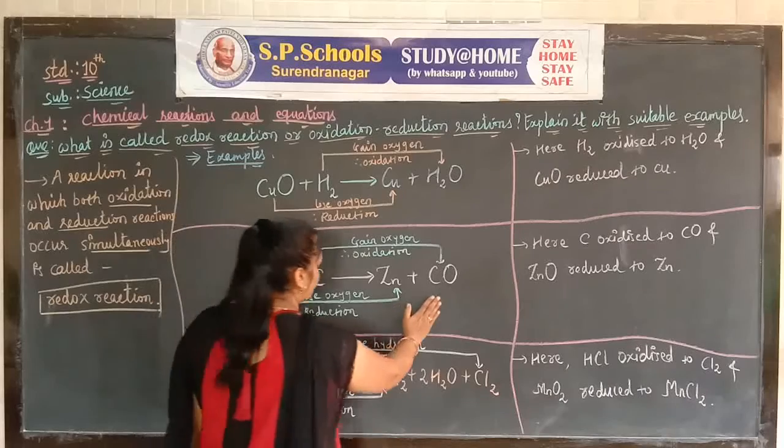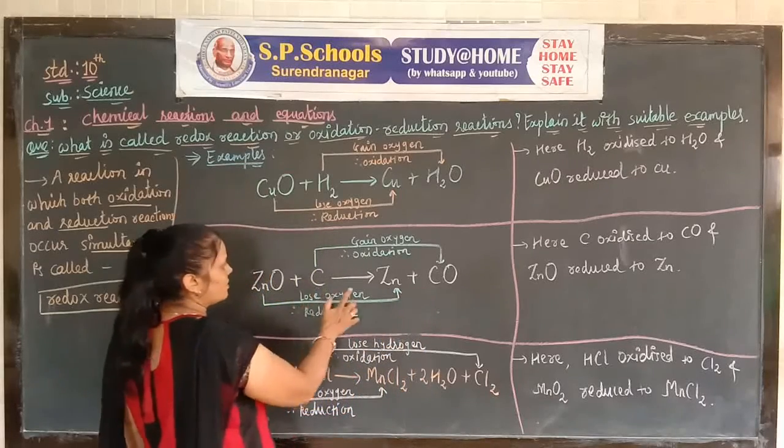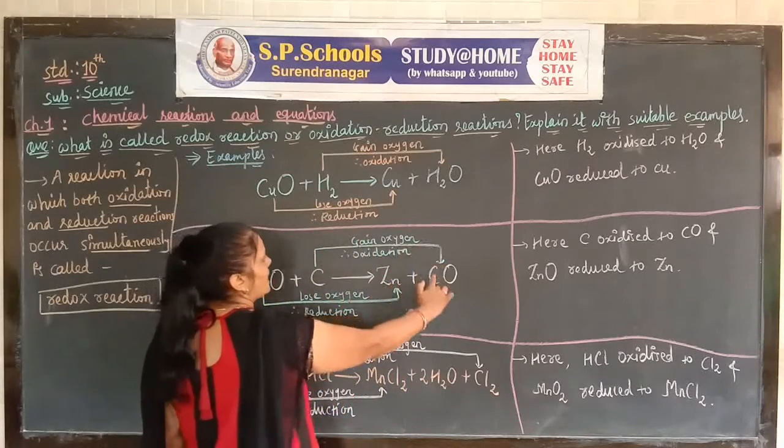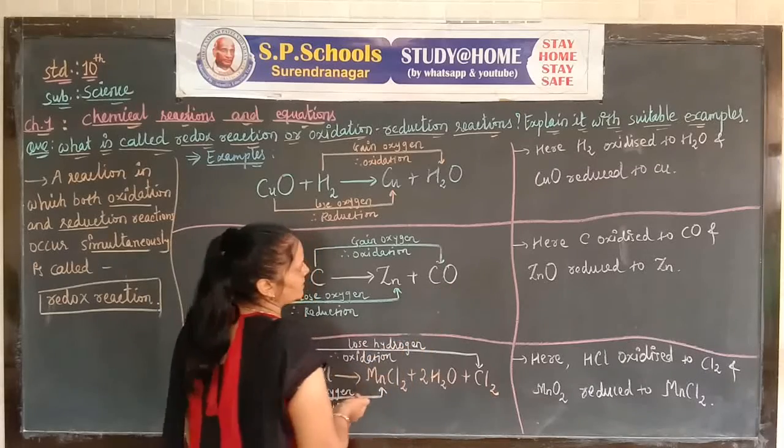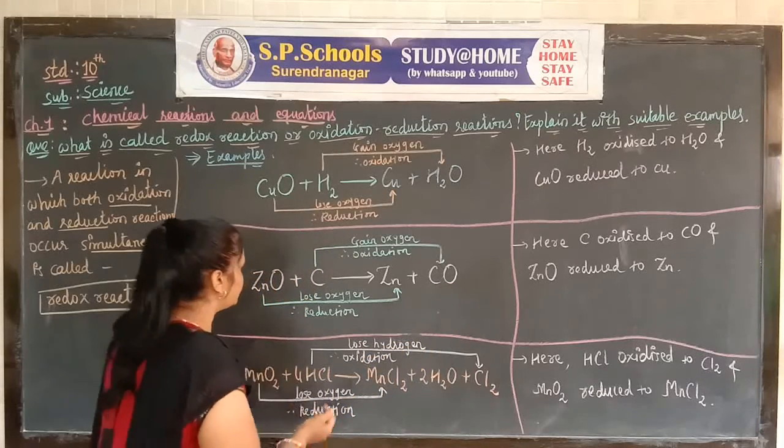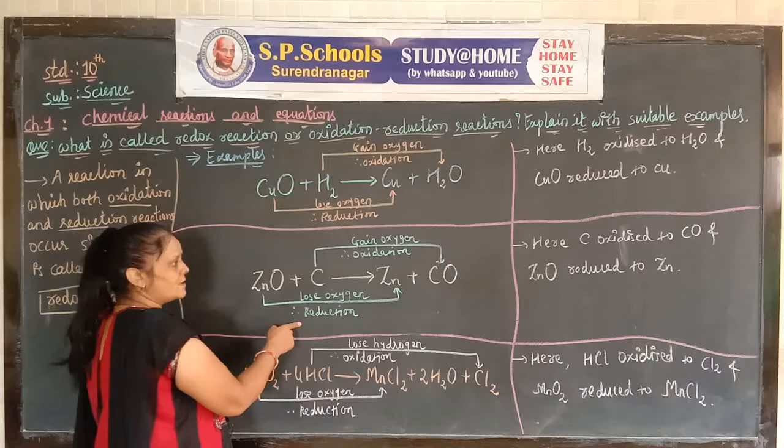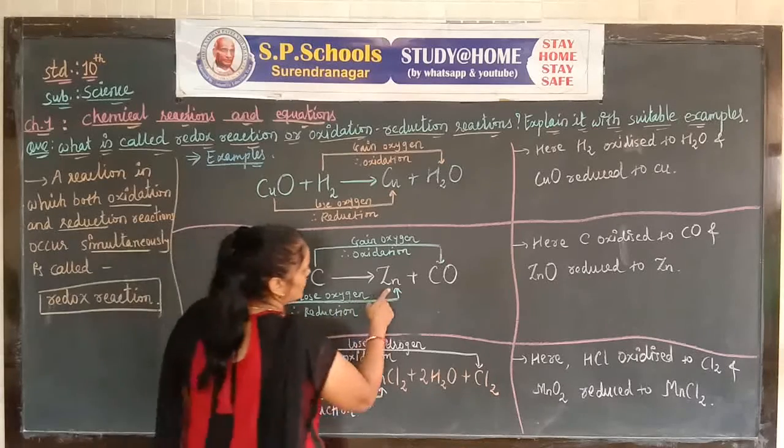In the second reaction, carbon is oxidized to form carbon monoxide, and ZnO is reduced to form Zn.